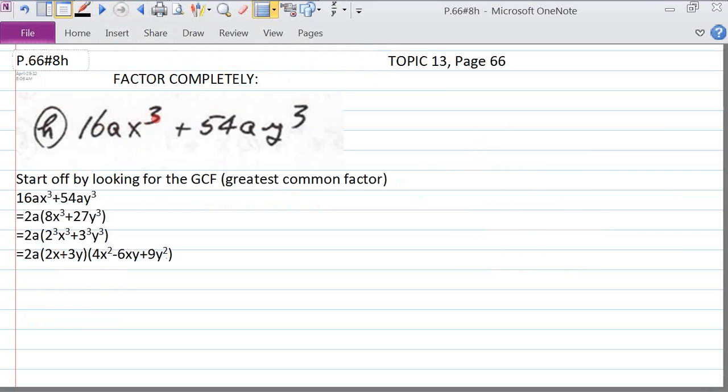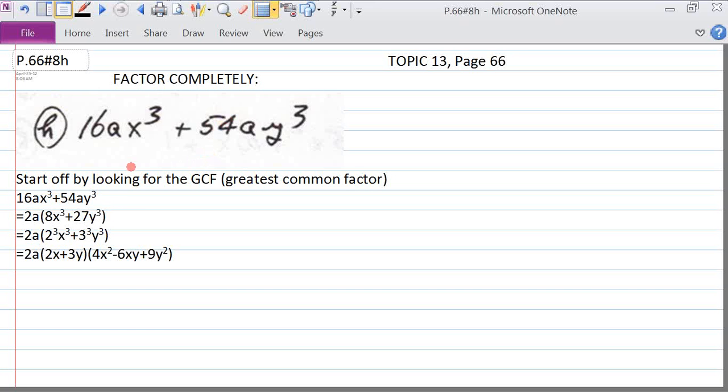So here we have 16ax cubed and 54ay cubed. We look for the greatest common factor always, and we could remove the number 2. 2 goes into 16 and 2 goes into 54. You can say, well, why not use 8? 8 goes into 16, but 8 doesn't go into 54.